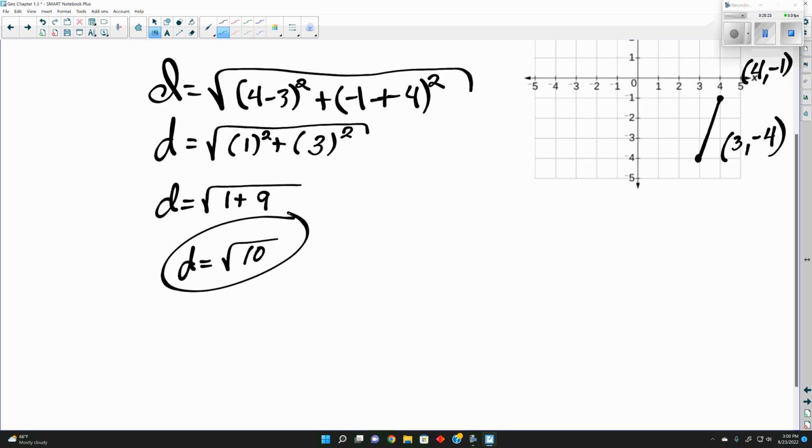So the distance is the square root of 10. And that's as simplified as it gets. Any questions on this here?